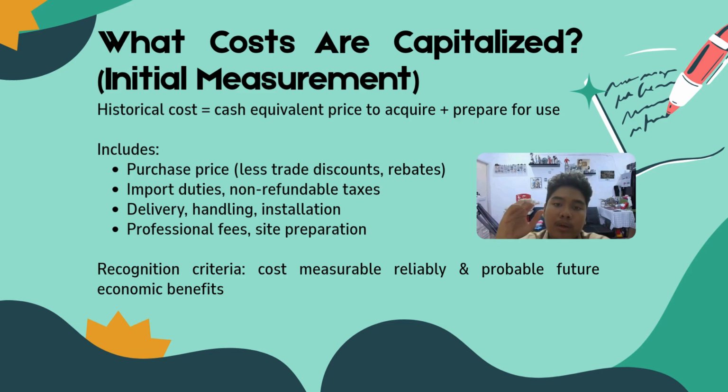So we only record the asset if the cost can be measured reliably and the asset will bring future benefit to the company. In short, include all necessary costs to make the asset ready.